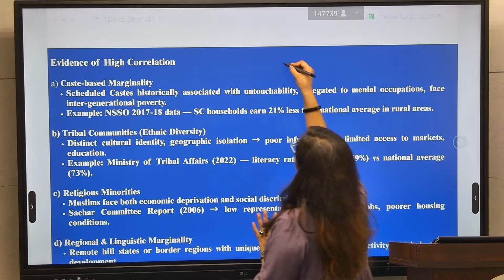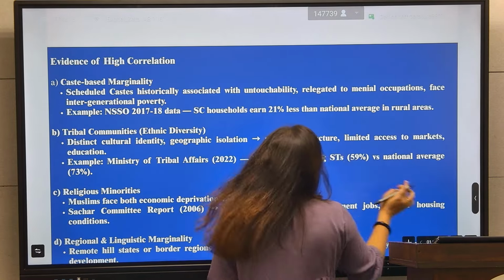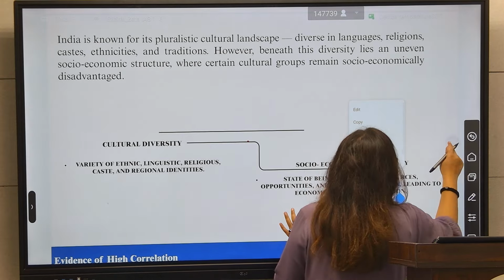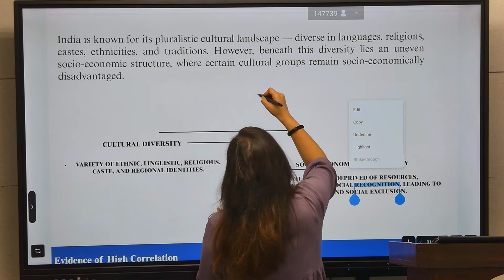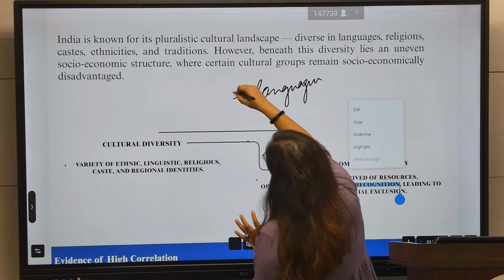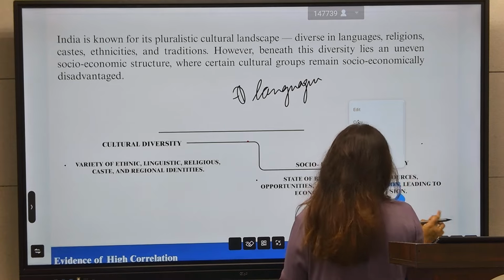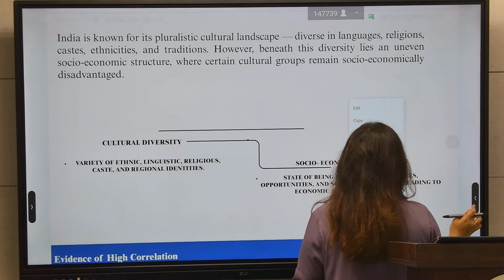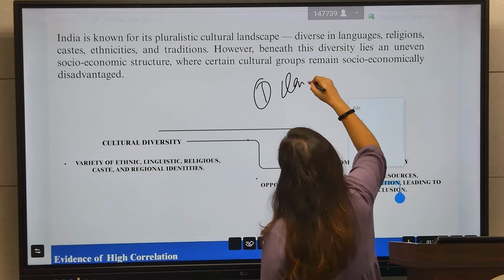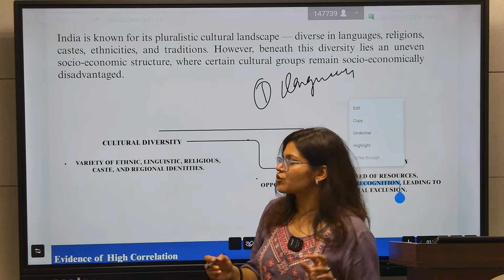So there is different... due to diversity there are different languages. So the first point is language. Due to diversity there are many languages in our India.